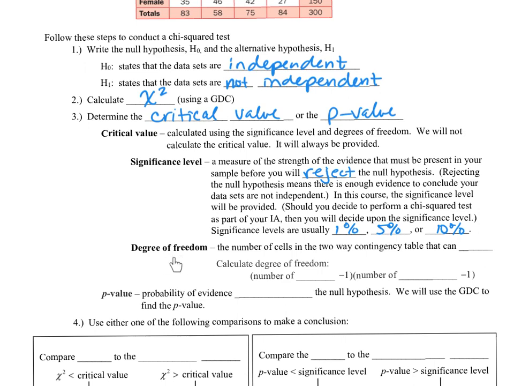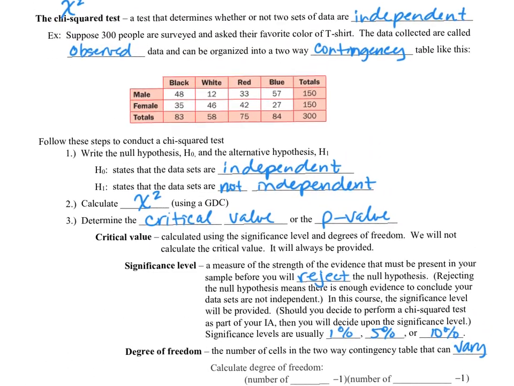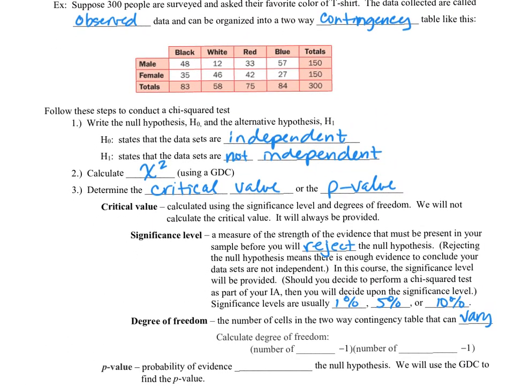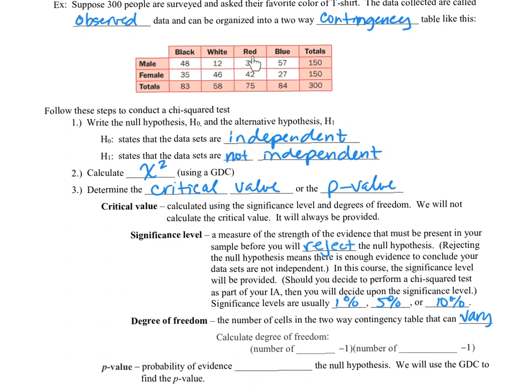Okay, another value that's used in calculating that critical value is what's called the degree of freedom. Now, the degree of freedom would be the number of cells in the two-way contingency table that can vary. So let's think about it like this. Let's say you're going to choose a t-shirt color one day every day for 4 days.